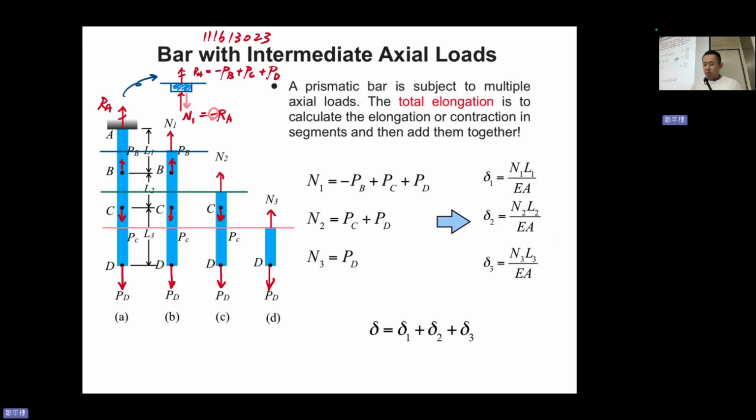All you need to do is cut the section, get the internal force in that section, determine the displacement of that section, and then sum up the sections to get the total displacement.